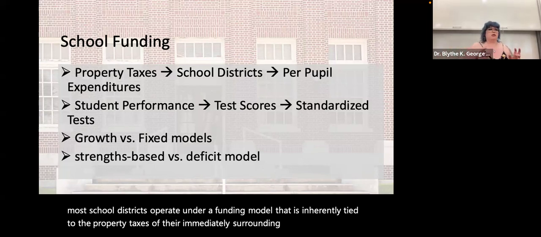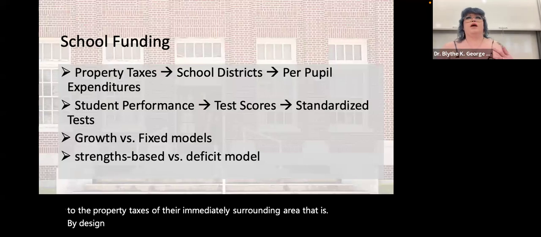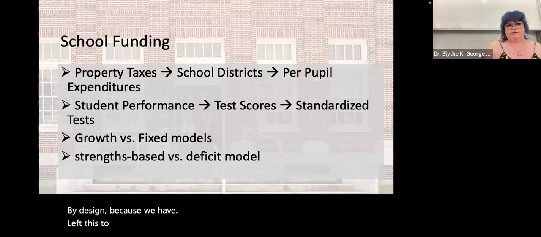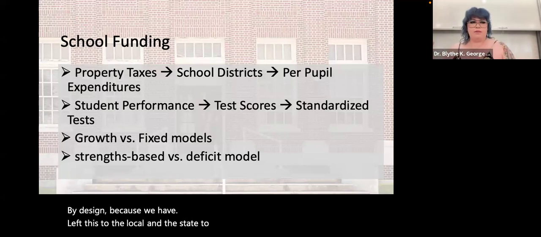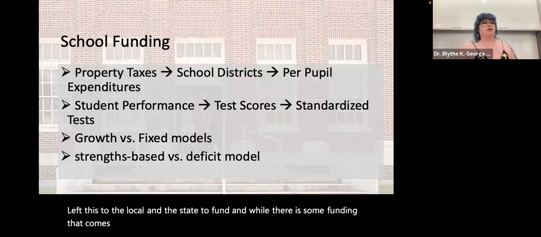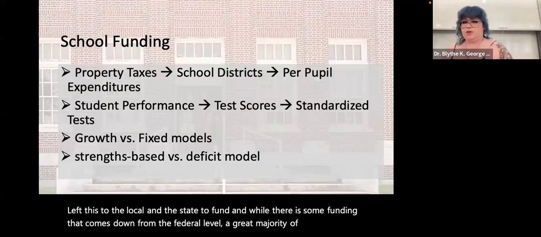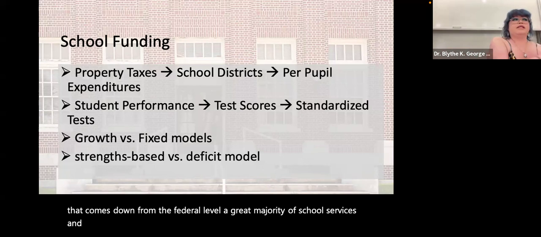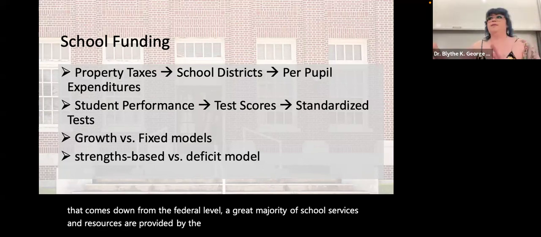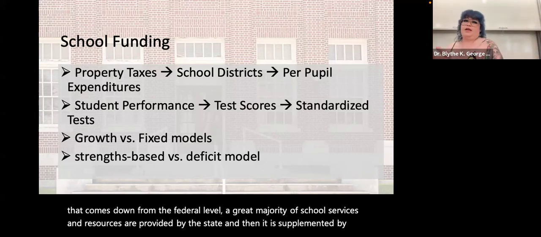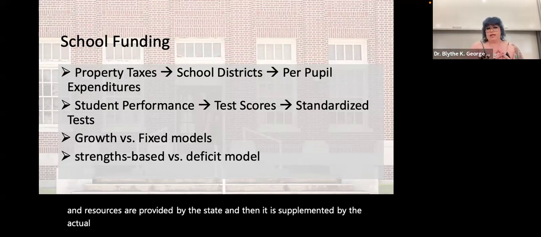That is by design, because we have left this to the local and the state to fund. And while there is some funding that comes down from the federal level, a great majority of school services and resources are provided by the state. And then it is supplemented by the actual tax base that comes from that area.